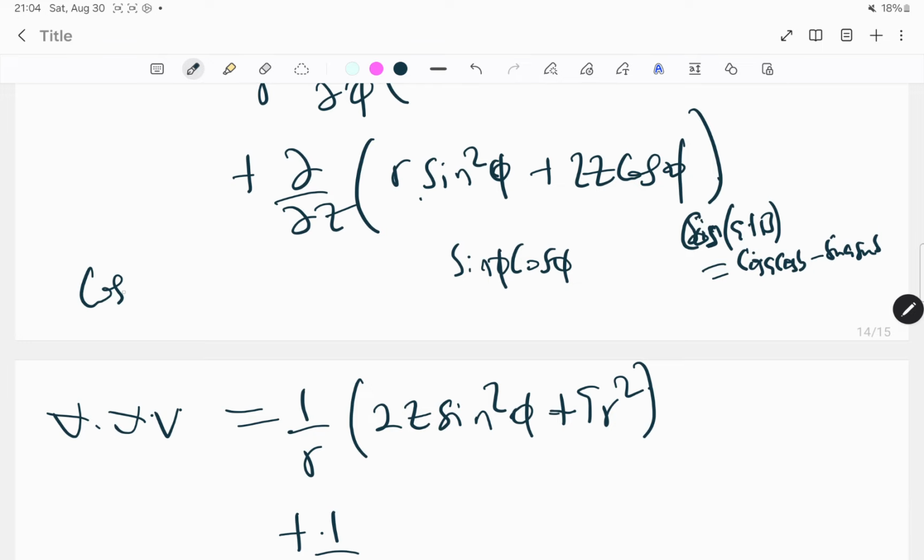So cos phi plus cos phi will be equal to what? Meaning 2 cos phi, sorry, cos 2 phi. And then here will now be cos squared phi minus sine squared phi.